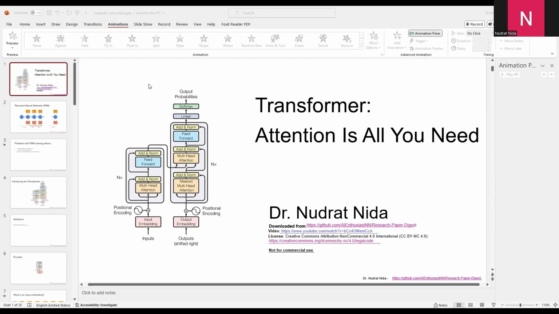So today we will try to understand what the authors of this paper, Attention Is All You Need, are trying to tell the research community.